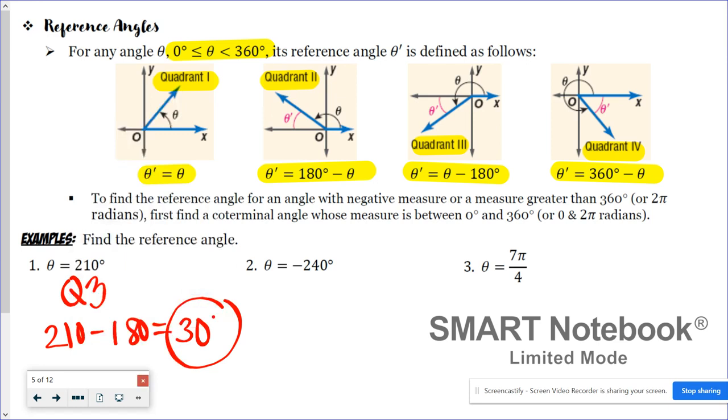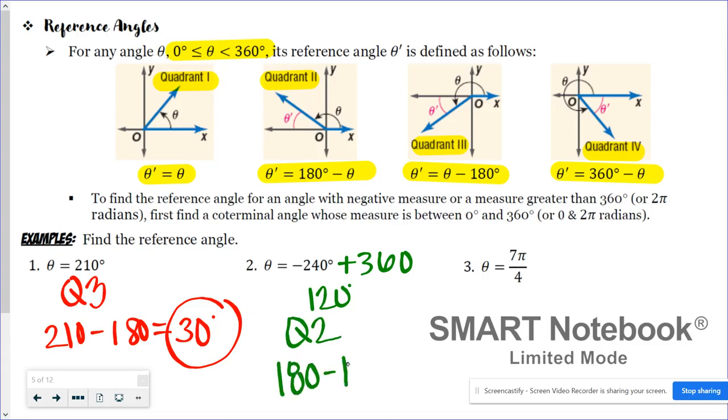I don't know about you, but that's a bit too small for me. So I'm going to go coterminal, and I'm going to add 360. And so that gives me 120. Yeah, 120 degrees is in quadrant 2. So I'm using that rule of 180 minus 120. And I'm getting 60 degrees. Excellent. That's our reference angle.